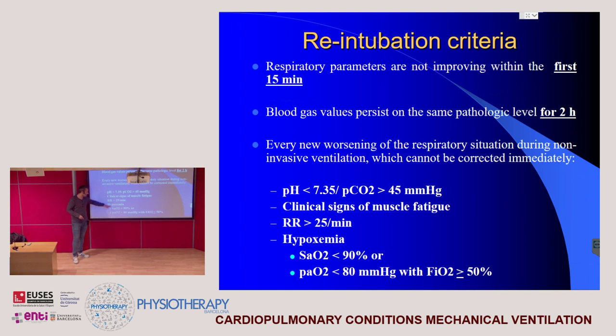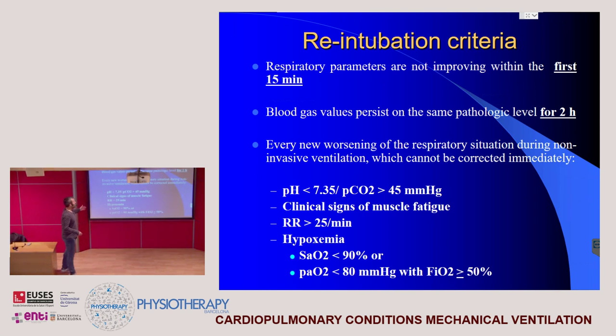Also variables directly related with poor gas exchange, in terms of hypoxemia, which is low oxygen saturation or an arterial oxygen pressure of less than 80, which gives us the information that we have a hypoxemia. Remember that between 100 and 80 are normal pressure values, under 80 it's hypoxemia, and lower than 60 is a respiratory insufficiency.